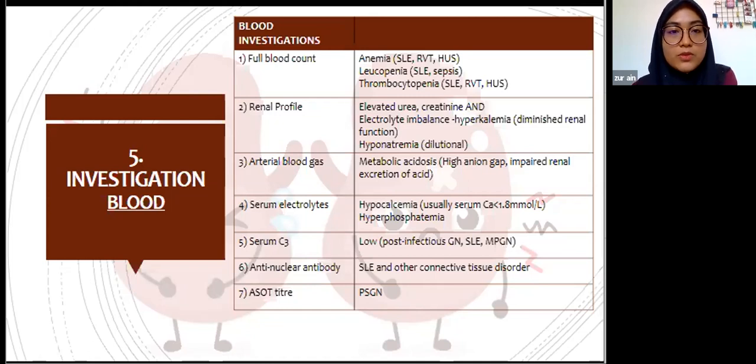We can also see metabolic acidosis in arterial blood gases, as well as hypocalcemia, which is usually paired with hyperphosphatemia. Other blood investigations include serum C3 to look for any underlying etiology, antinuclear antibody, and also anti-streptolysin titer for glomerulonephritis.